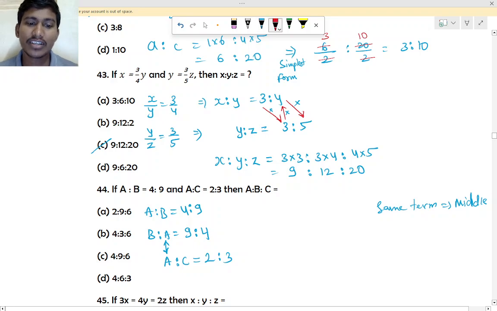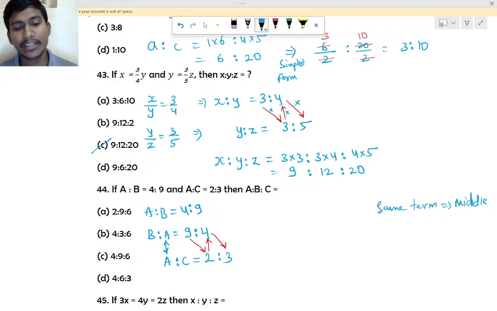Okay, so here now we have to multiply 9 into 2, 2 into 4, 4 into 3. So answer will be how much? 9 2 is 18, 2 4 is 8, 4 3 is 12. So 2 if you cancel, it will be 9 and 4 and 3. So that is B is to A is to C.